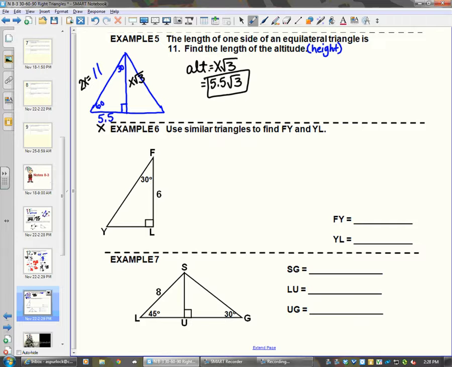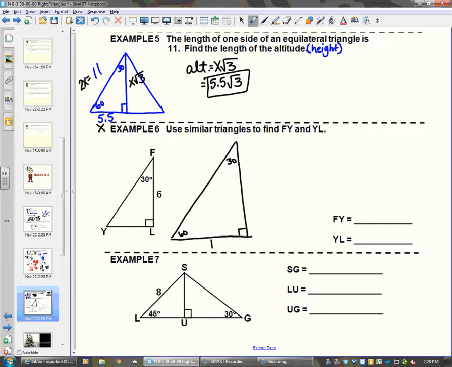All right, example 6. Now, on this one, I say specifically to use similar triangles to find FY and YL. So I'm going to draw another triangle. And just like we did yesterday, obviously this is going to be a 30, 60, 90. Just like we did yesterday, I want to say that x is 1. Okay, so across from the 30 is supposed to be where my x goes, so I'm just going to label that as 1.